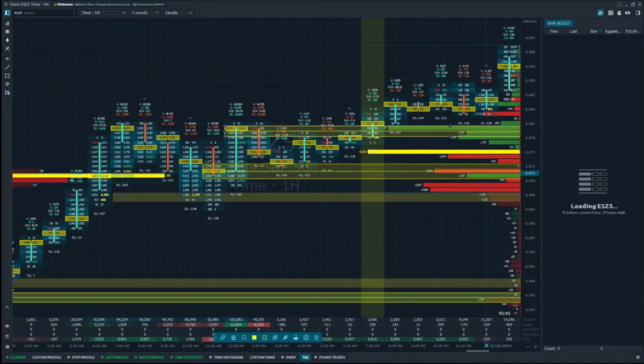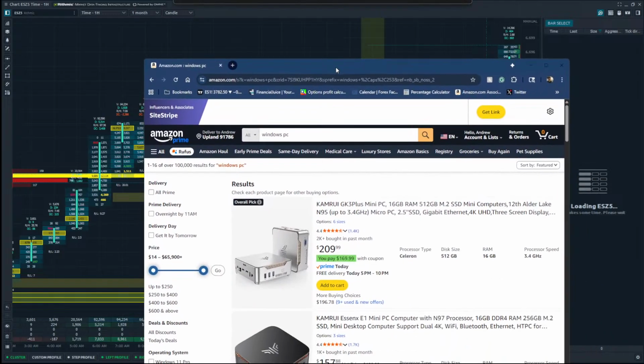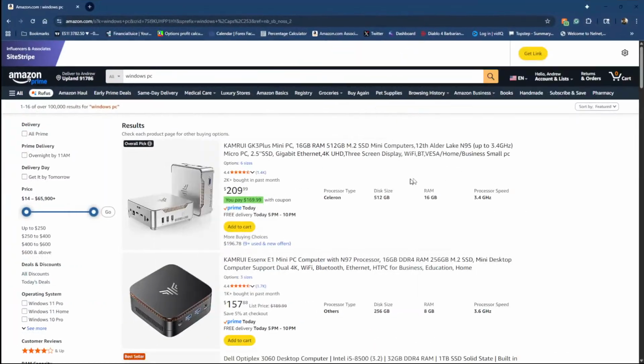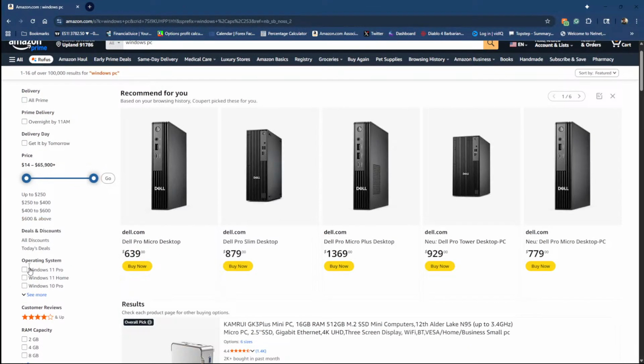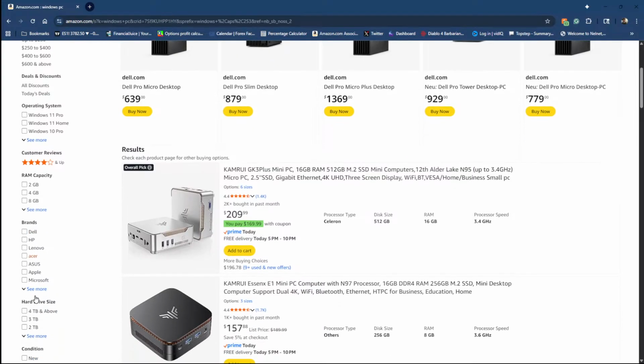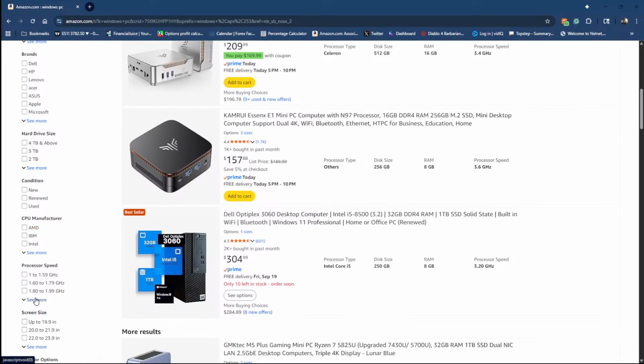Let's just go to Amazon. I'll show you the filters that I would use if I'm looking for a Windows computer. I like Intel.